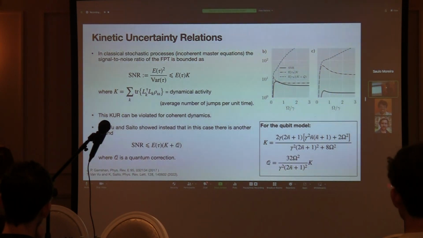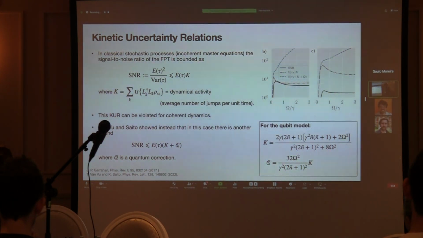So you have this kind of trade-off. Of course, this is highly model-dependent. This is not at all a general conclusion, but it's interesting to see how the bounds behave compared to the actual quantity that you want to compute. And these quantities are notoriously hard to compute using quantum trajectories, so this offers a nice way of studying it.